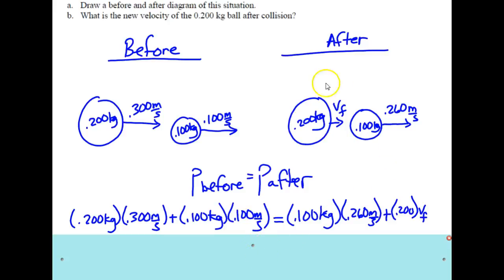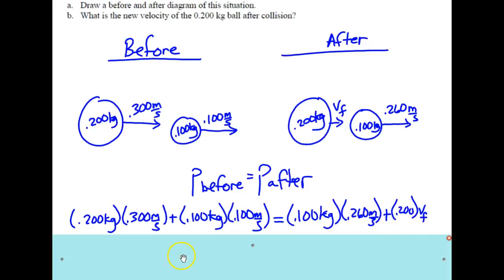Answer once again is both, and once again is separate. So we have to have separate momentum statements for each object after collision as well, and add them together. We know our 0.1 is going 0.260 meters per second, and our 0.2 kilogram object is what we're trying to find the final velocity for. Kilograms should be substituted here.